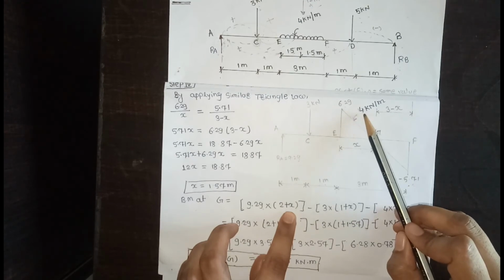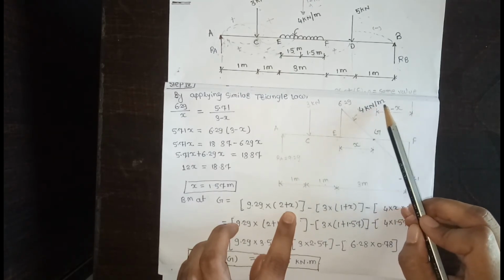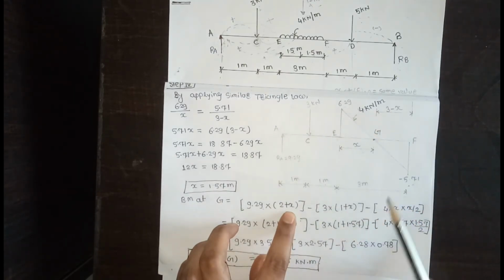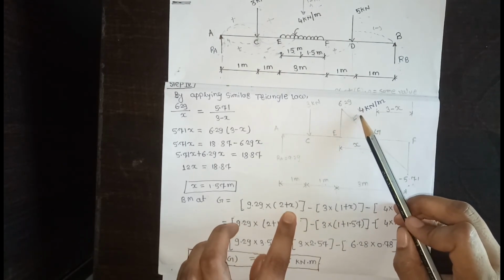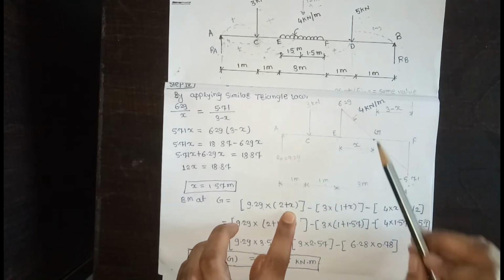Then the third force is the 4 kilonewton per meter. This is the UDL, so first of all we have to convert the UDL to an equivalent point load.